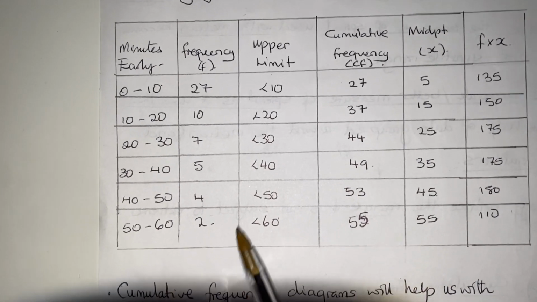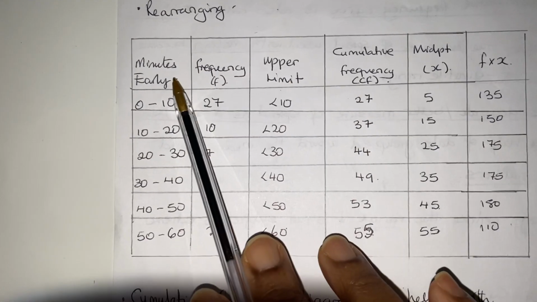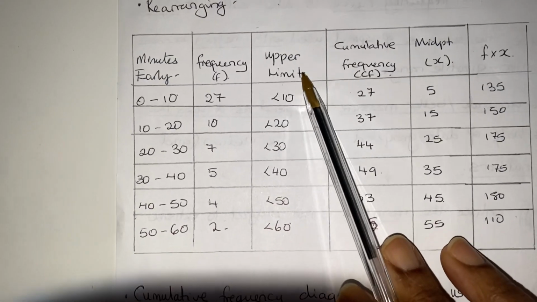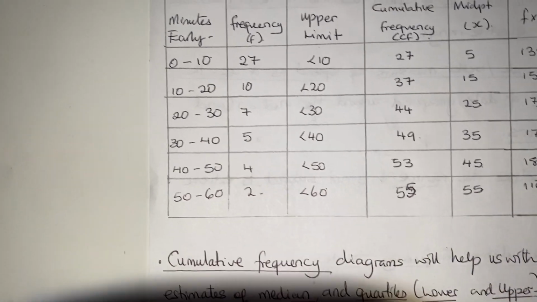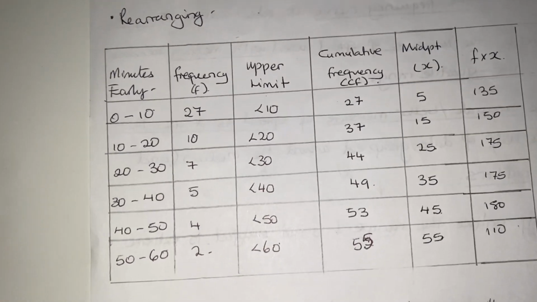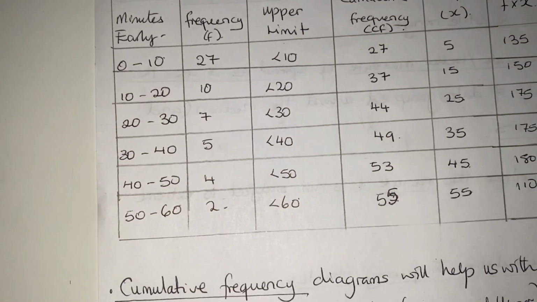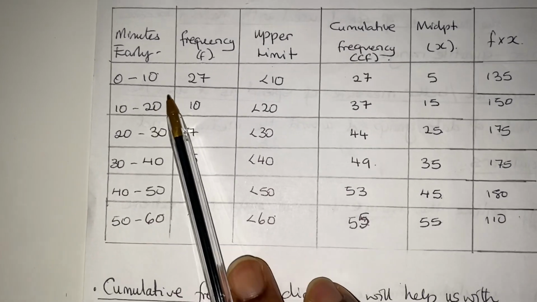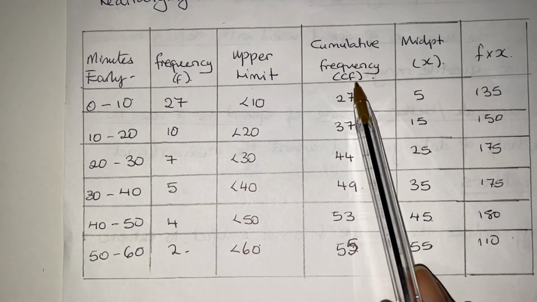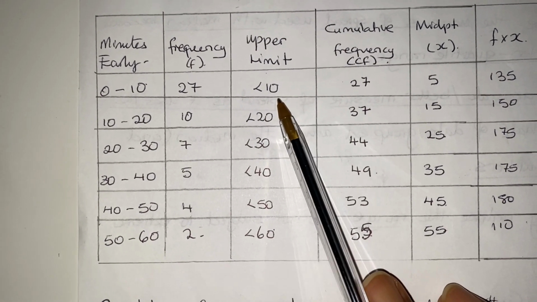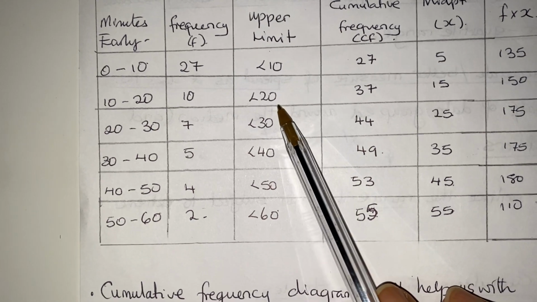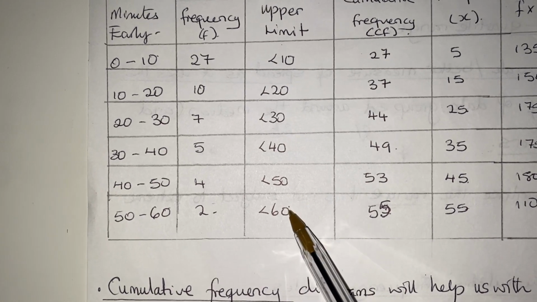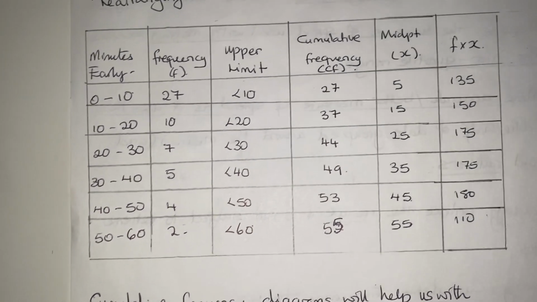Your first step is to use the upper limit. Because the classes overlap, you are going to use less than 10, less than 20, less than 30, less than 40, less than 50, less than 60, because you don't want it to overlap.